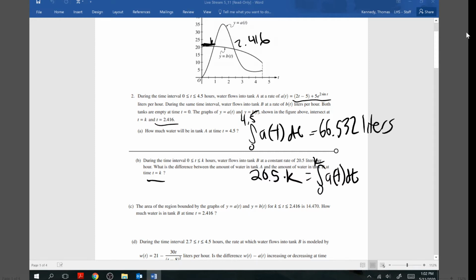Now, the nice part is you can cheat this by taking the derivative of both of these things with respect to that k piece, and you know the A equation, so the flow rate equation for tank A, and the flow rate for tank B is 20.5, and you can just set them equal, and you can figure out that K happens at 0.892.